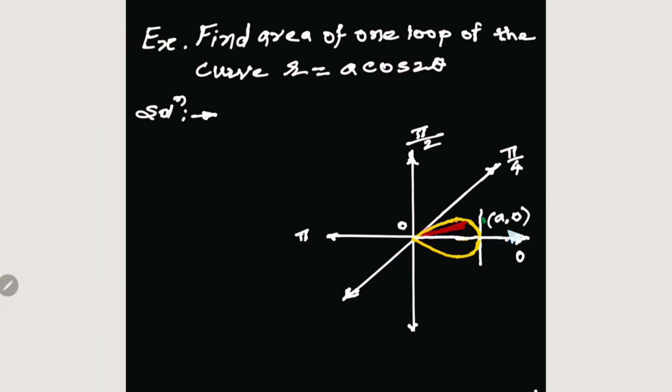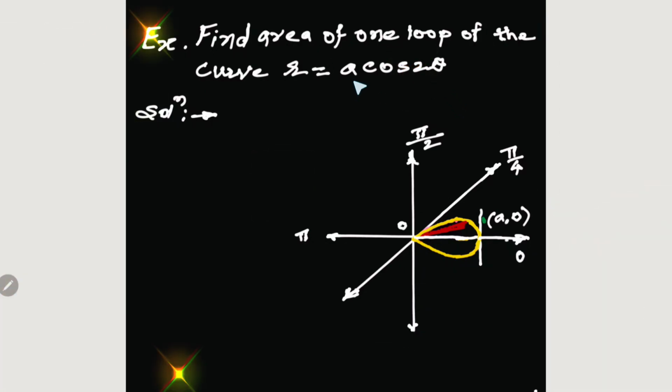Then, in between 0 and pi by 4, we consider another value as pi by 6, that means 30 degrees. 2 times pi by 6 becomes pi by 3, cos of pi by 3. And what is the value of cos pi by 3? It is 1 by 2.